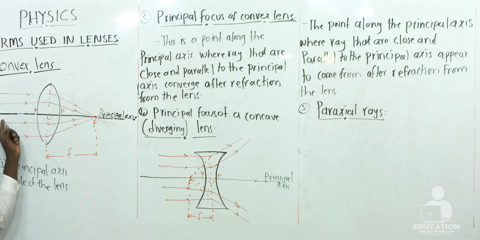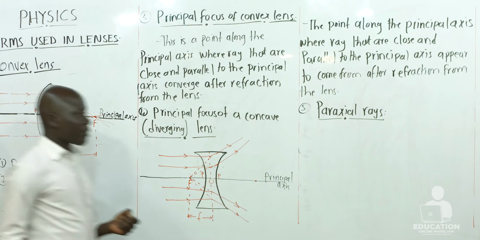These rays that are parallel and close to the principal axis are what we call the paraxial rays.